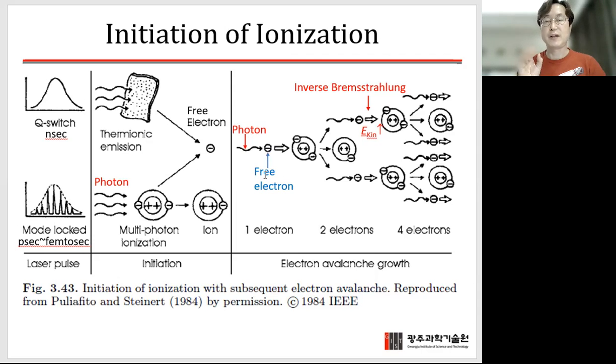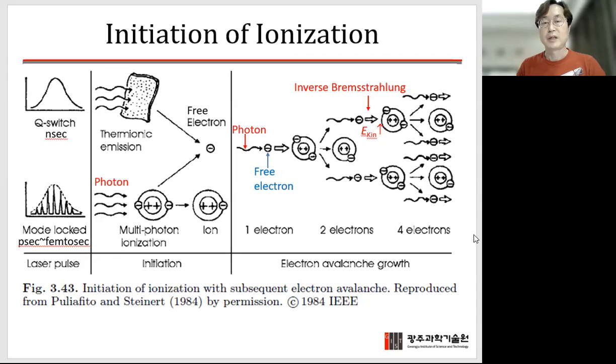By hitting another molecule or atom, it can make an electron in the atom or molecule be ejected again, becoming the ion state. So the free electron can make two free electrons, and then these two free electrons can also make four electrons.